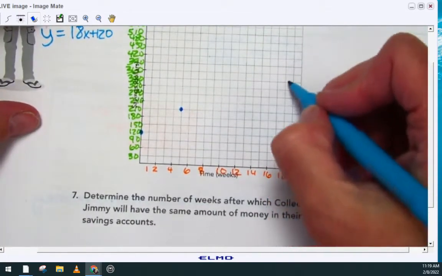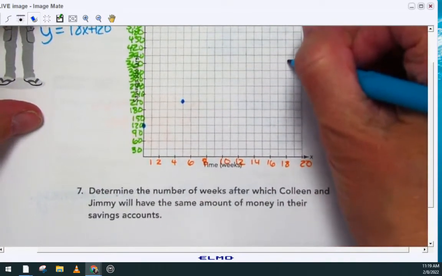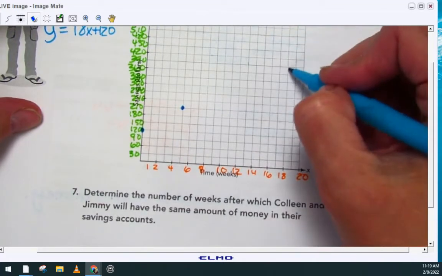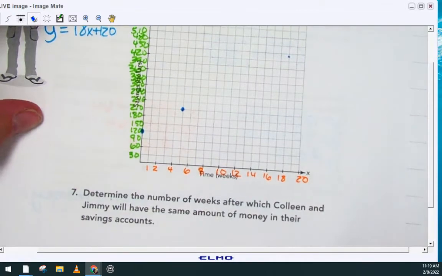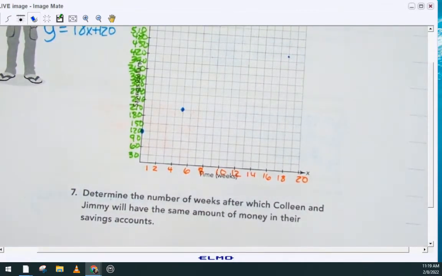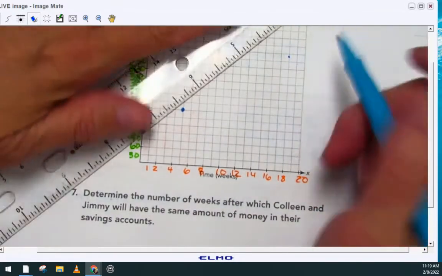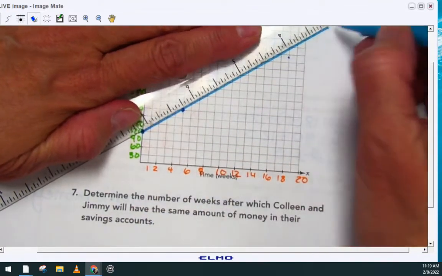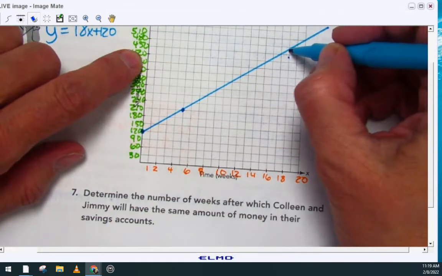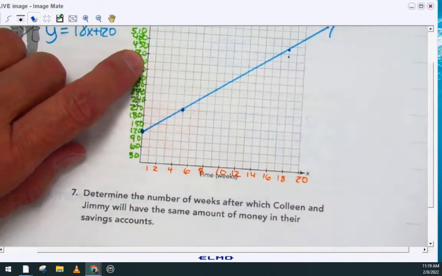So 18 is somewhere about here. Okay, so then draw our line. And no, it's not going to be perfect, but we're going to do the best we can. Oh, yep, that dot should have been up there. That's my fault.